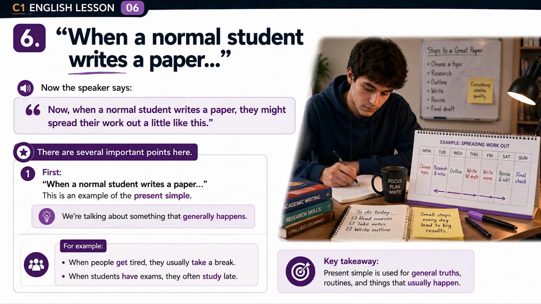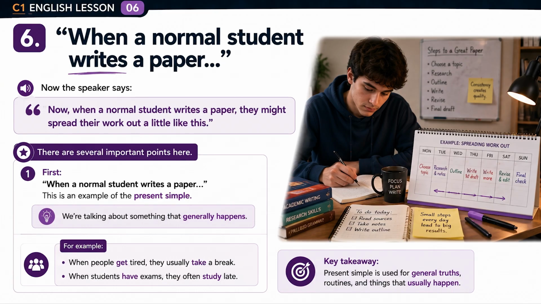Then we have: when a normal student writes a paper, it means assignment, they might spread their work out a little like this. "When a normal student writes a paper" is an example of the present simple. We're talking about something that generally happens.